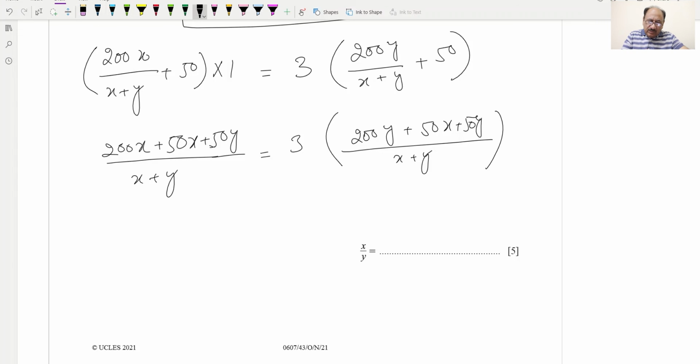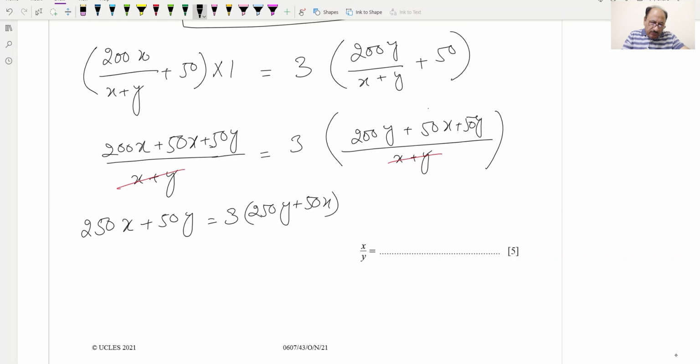Now we can cancel x plus y on both sides, and we can open this bracket in the next step. 200 plus 50 will be 250, so 250x plus 50y is equal to 3 into, again 200 plus 50 is 250, so 3 into 250y plus 50x.